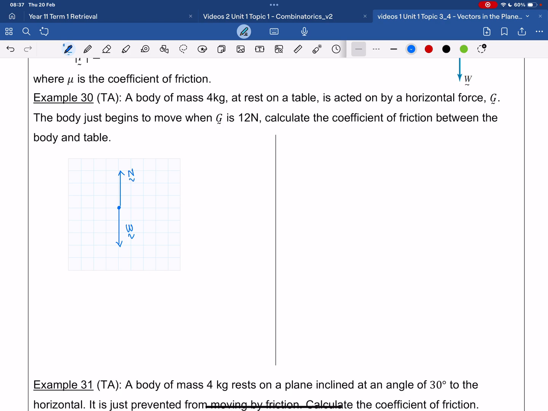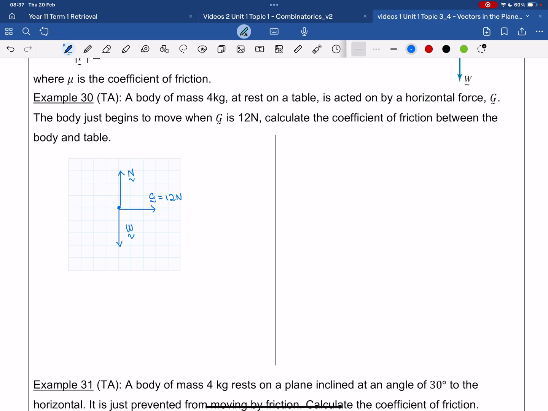Now, if we're going to move this object, it says there is a horizontal force G acting on it. So let's put G, it doesn't really matter which way around you put your G. And they've said that when it's 12 newtons, the object will just start moving.